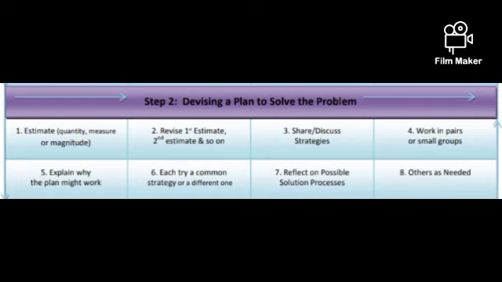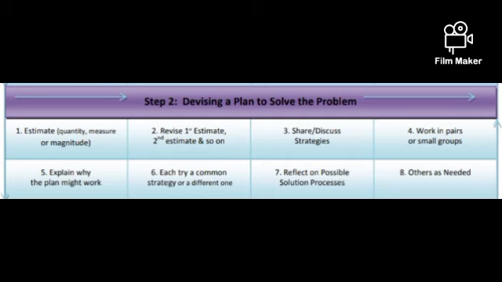The second step in the 4-step solution to solving a mathematics problem is devising a plan to solve the problem. And in this diagram, you will see some of the strategies that are most applicable for step 2. And the first is estimate. Make an estimate of the quantities involved in the problem.